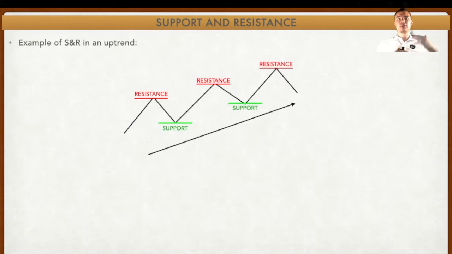For resistance, price is pushing up to a certain level and it gets rejected down. So it's being resisted from pushing further up. Then price comes down to another level and it gets supported, and bounces back up. That is support and resistance in layman's terms.